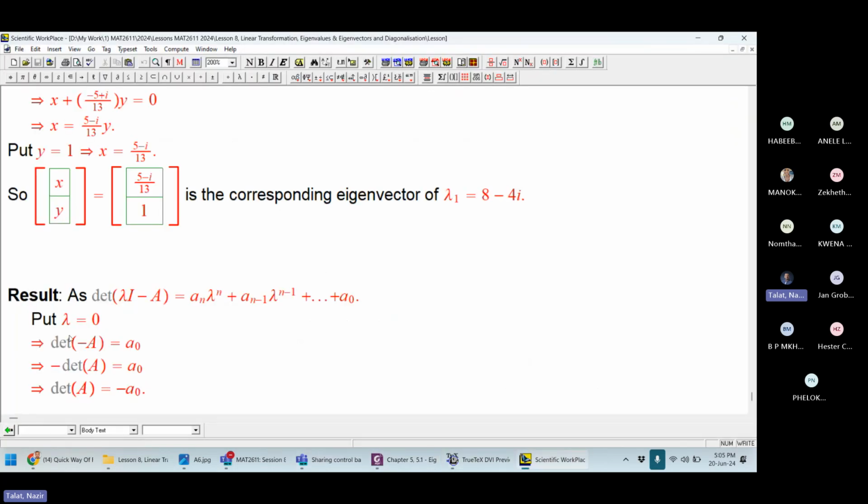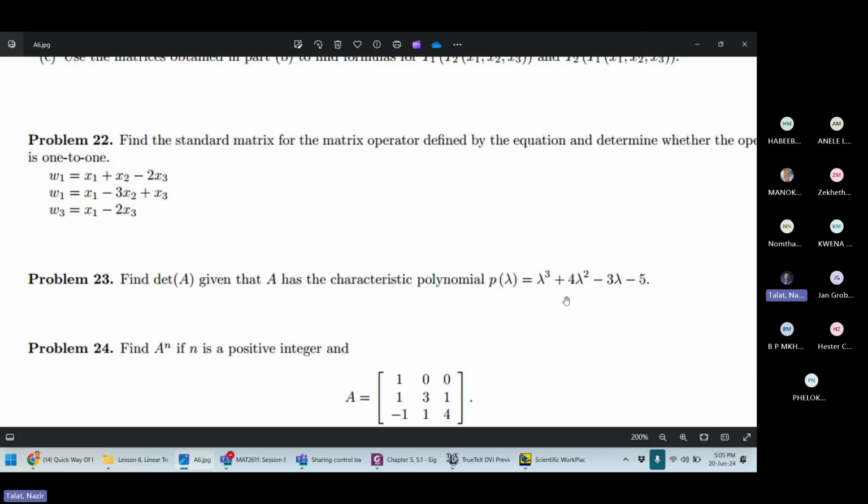If you take the minus common from the determinant, because this is a property of a determinant, you can put the minus on the other side. It means the determinant of A is only the constant term, minus of a naught, the coefficient of that. So this result will be helpful to find the solution of problem number 3.